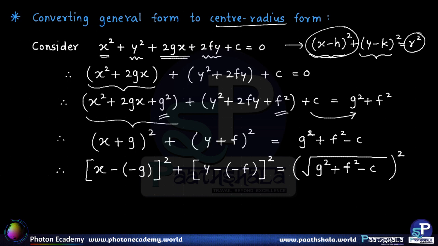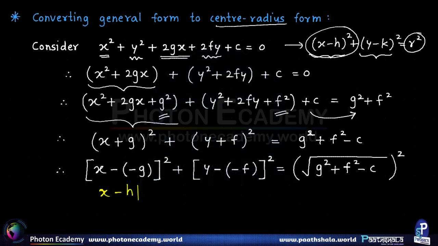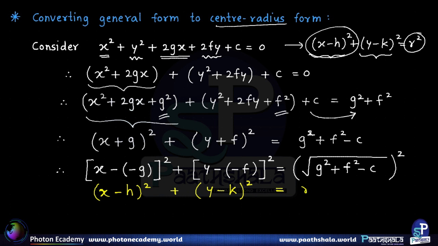So therefore now if you compare this with the standard form, that is x minus h the whole square plus y minus k the whole square is equal to r square.